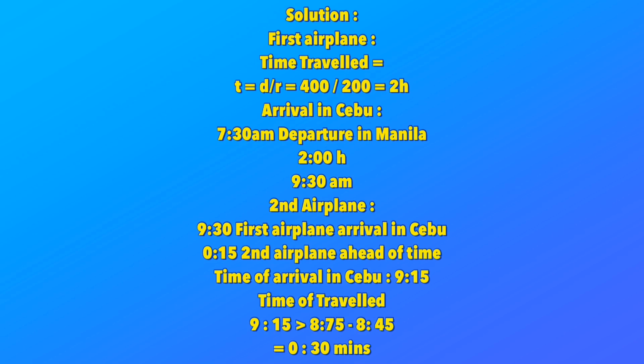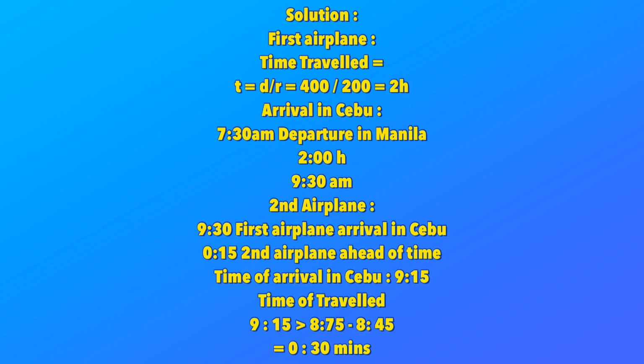Then for the second airplane we're going to compute again. The first airplane arrives in Cebu at 9:30. Then you have to subtract the 15 minutes ahead of time of the second airplane. Then the time of arrival in Cebu of the second airplane must be 9 hours and 15 minutes in the morning.